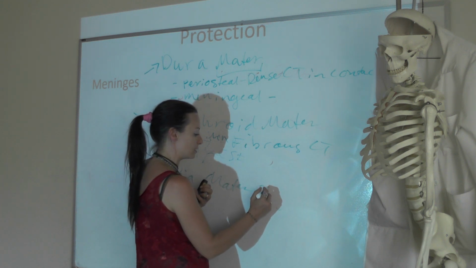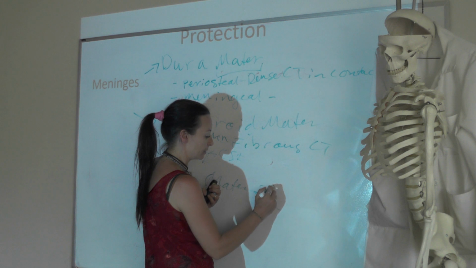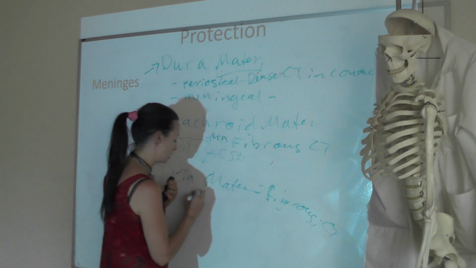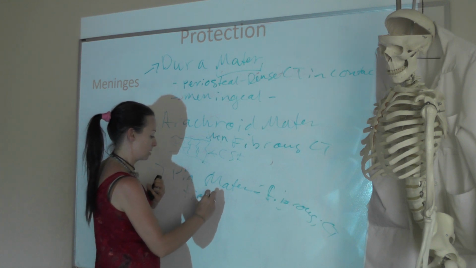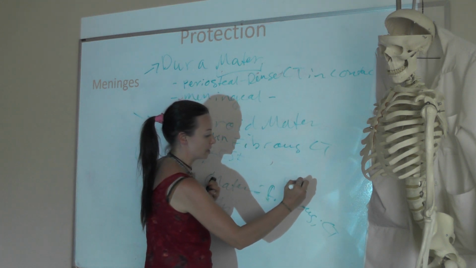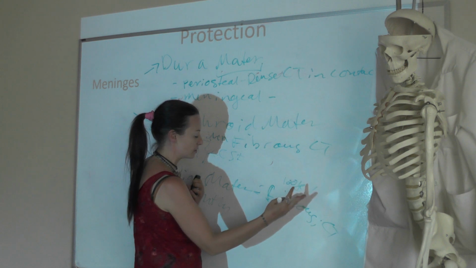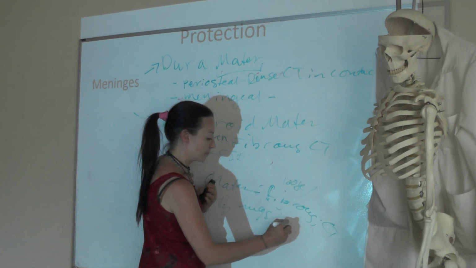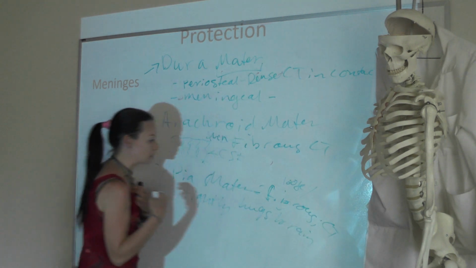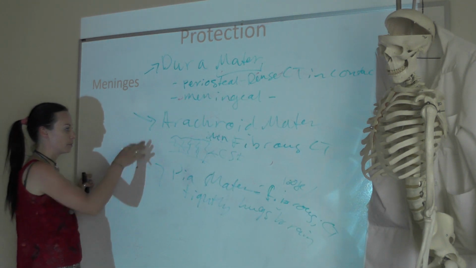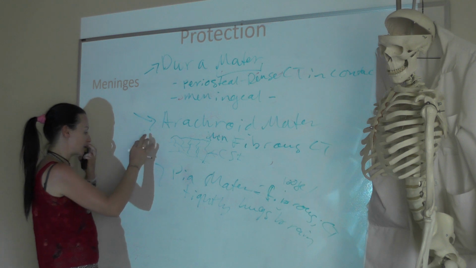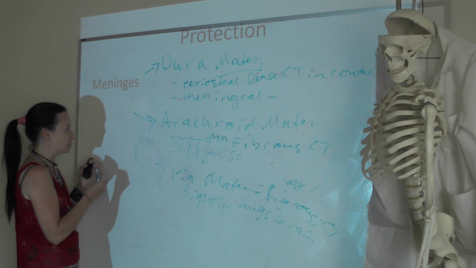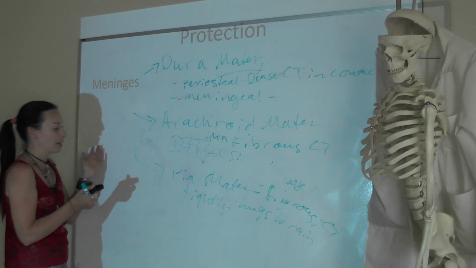It's very soft and thin, and it tightly hugs the brain. This is going to bring in the little capillaries that serve the brain tissue. The arachnoid mater is going to bring in the bigger branches of our blood vessels that are serving the brain.